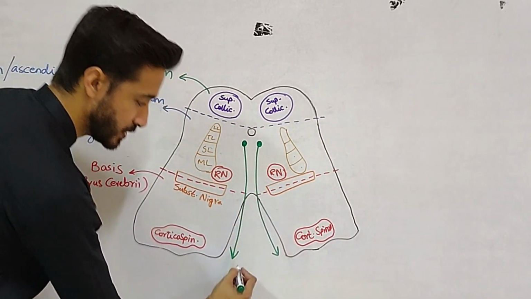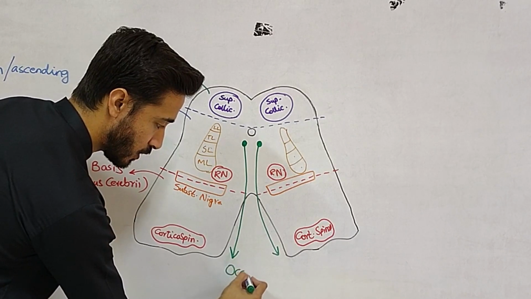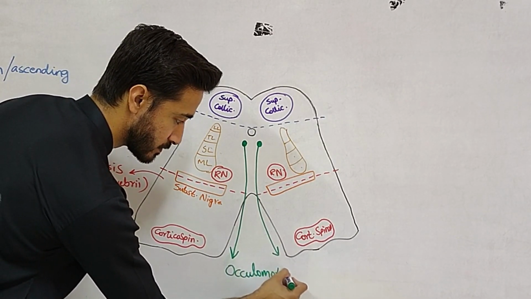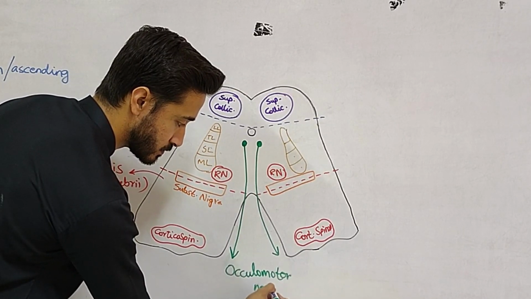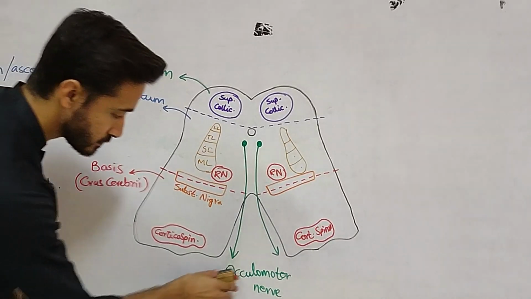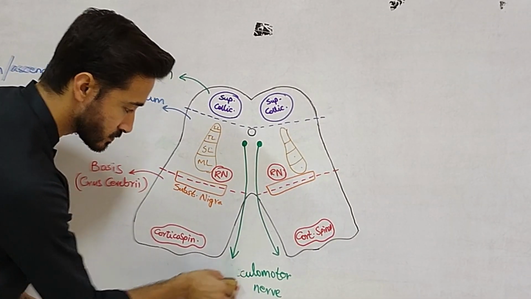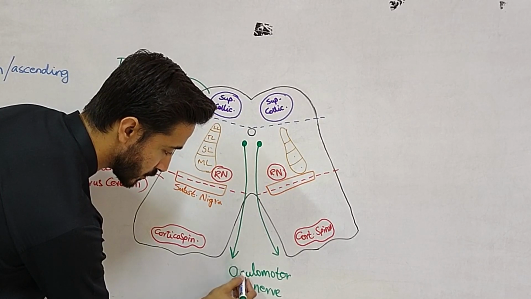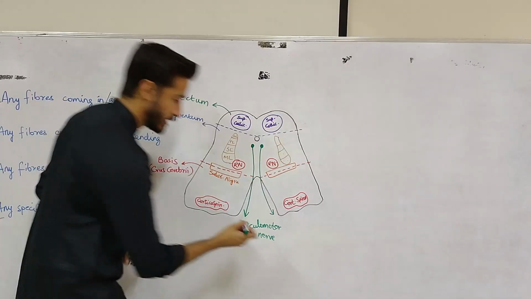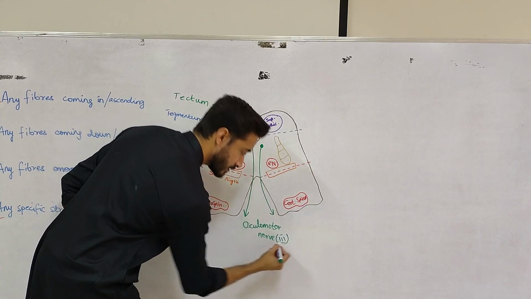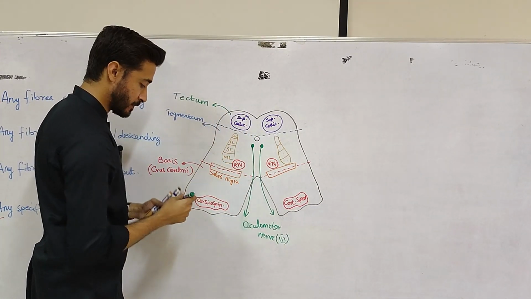So this is going to be your oculomotor nerve. I think it only has one C in it. So this is going to be the oculomotor nerve. That is the third cranial nerve. So we've made this as well.